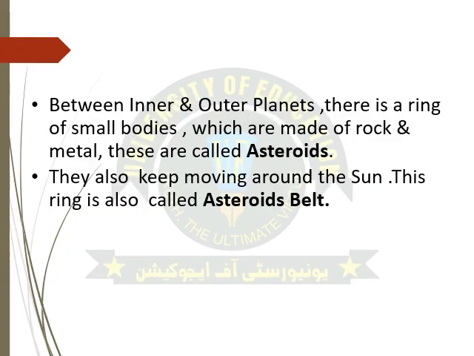In between the inner and outer planets, there is a ring of small bodies made of rocks and metals, and all these small bodies are called asteroids. These asteroids move around the sun, and the ring that they form is called the asteroid belt.